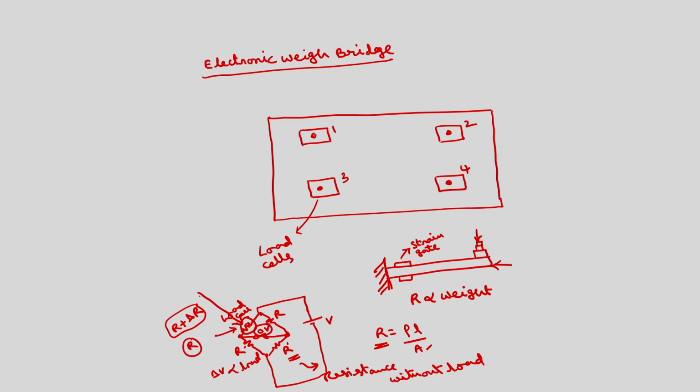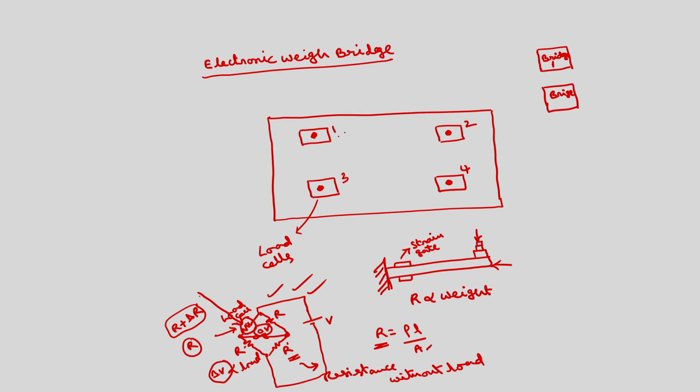In this electronic weighing machine, we will be having 4 such loads, so we will be having 4 such bridges. This is one bridge, this is one bridge. Inside each bridge we will be having this circuitry.